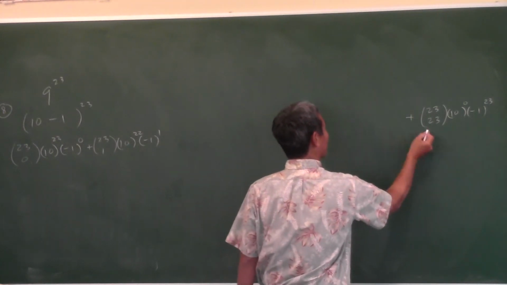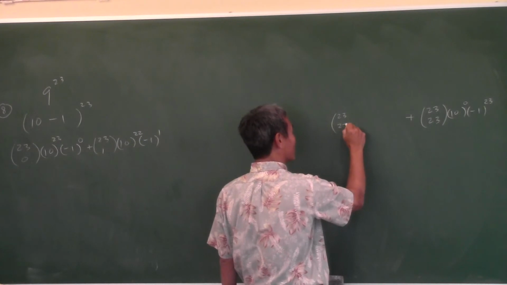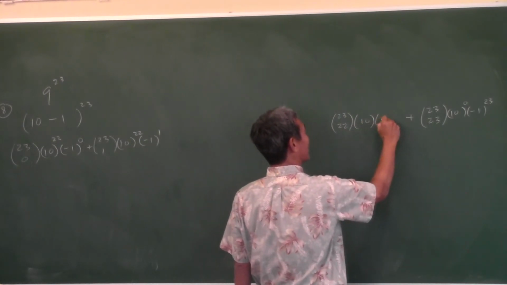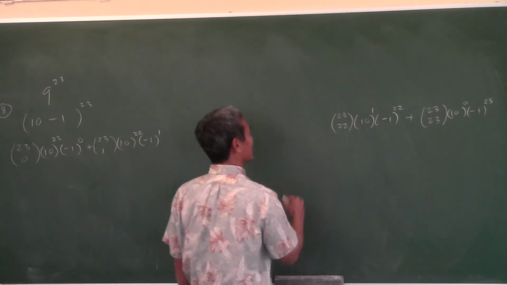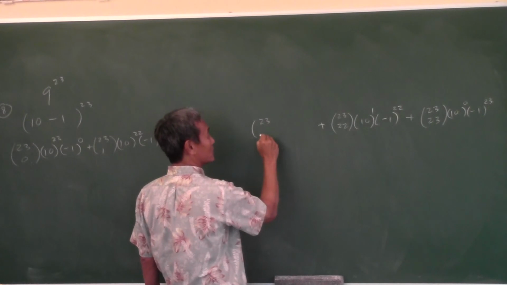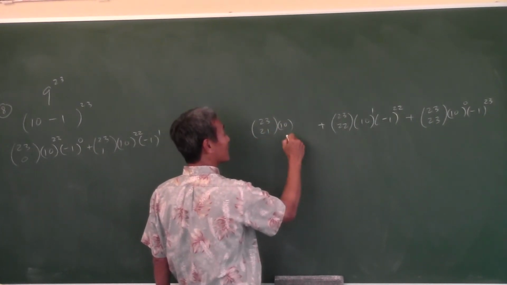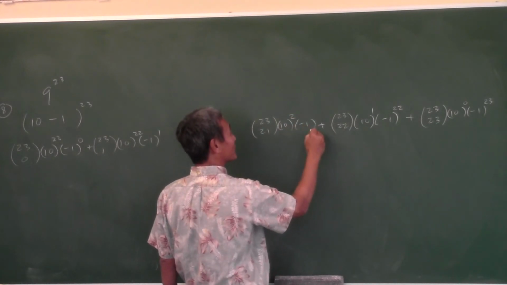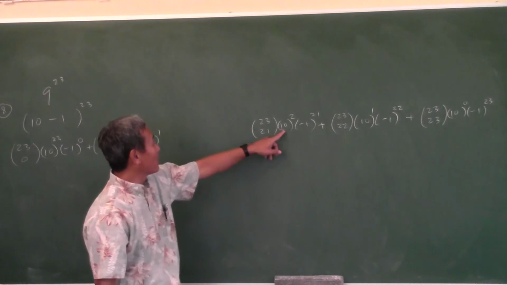Okay, what's the term before this going to be? 23 choose 22, 10 to the something, negative 1 to the something, and they all got to add up to 23. Okay, what about the term before this? 23 choose 21, 10 to the second, negative 1 to the 21st. This number ends in 2 zeros.